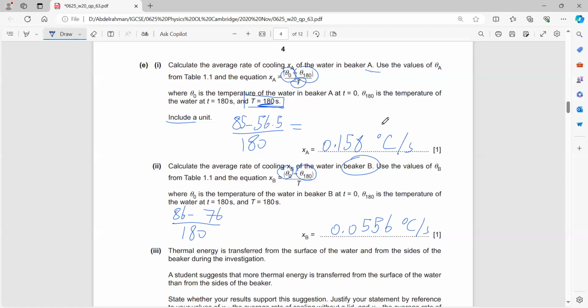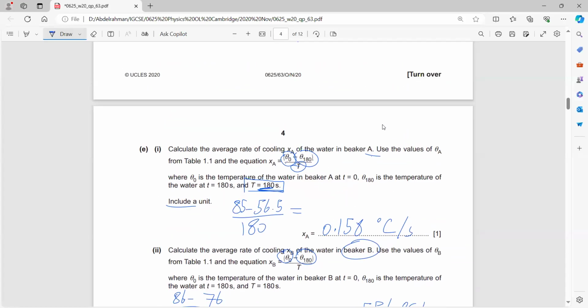Theta is the temperature. Whenever I say theta zero, what do I mean by theta zero? Theta zero is the temperature at time zero, when the time was equal to zero.